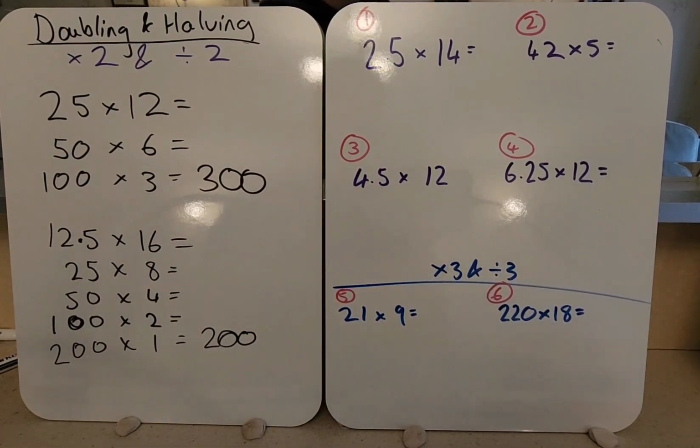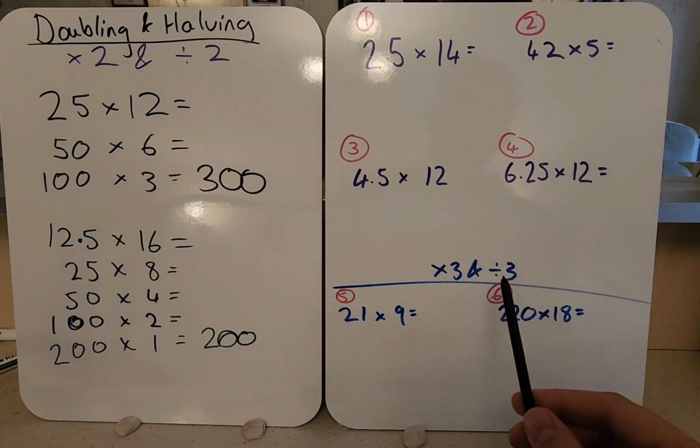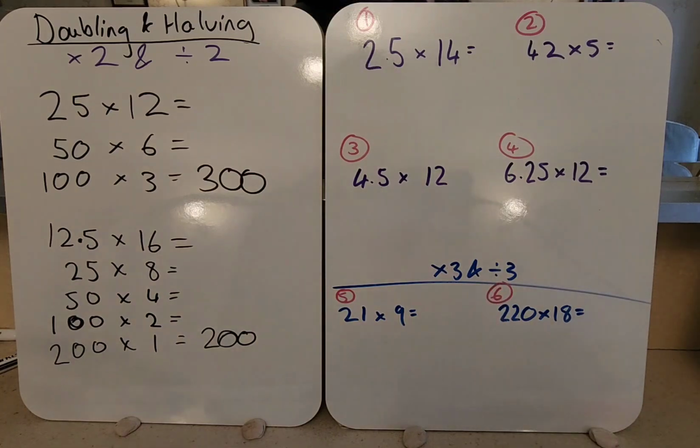Now let's have a look at doing some questions to practice this. So here's some practice questions for you. You've got these top 4, which is the same technique we have been over here, doubling and halving. Down here, I've included something a little bit different. By timesing by 3 and dividing by 3. That's an ampersand, by the way. The reason I've included this is quite often my students ask me, is this possible?